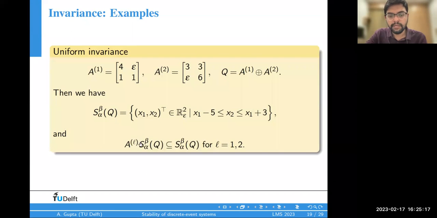So each matrix, when applied to a point in this set, keeps it in that set. Then I have the invariance property, and for the case of a max plus linear map, so a max plus matrix, the set is just a Kleene star. There are closed form solutions for generating such sets. So that is a very nice property.